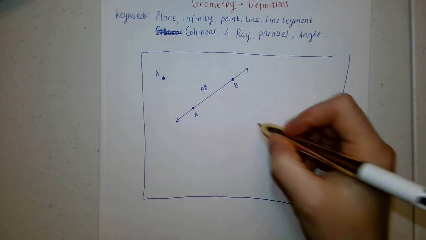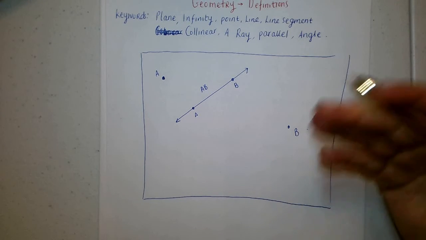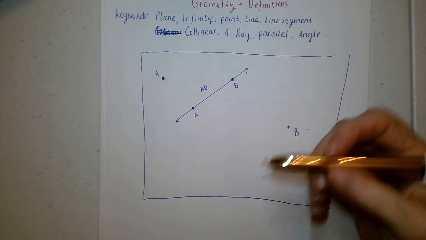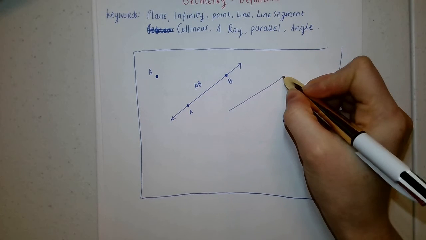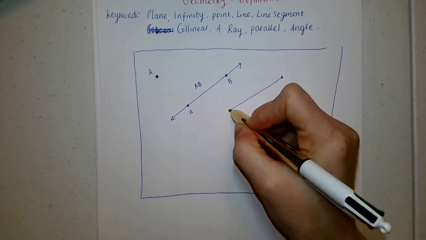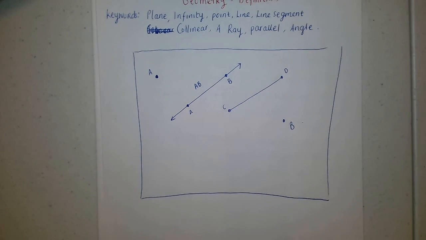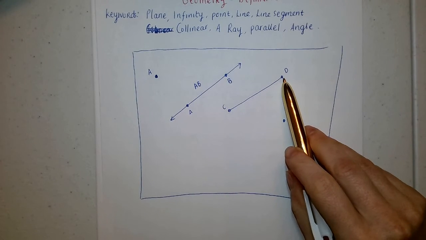Next up we're going to look at a line segment. If you think about what a segment is in everyday life, it's like a part of something, okay? So a line segment is basically a part of a line, okay? So I'm going to draw the line segment CD. Okay, and the difference between a line segment and a line is that it has a clear start and end point, just like that.